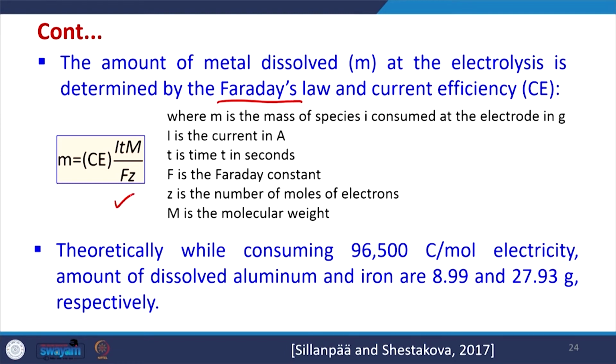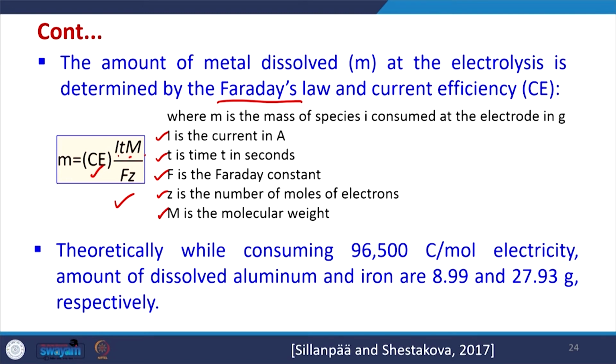This is the relationship, where C is the current efficiency, and I, T, M, F, Z. I is the current, T is the time, F is the Faraday constant, Z is the number of moles of electrons, which will depend on whether we are using aluminum or iron, and M is the molecular weight.